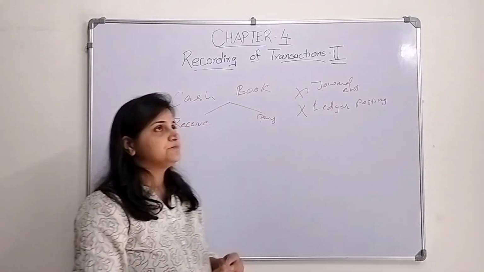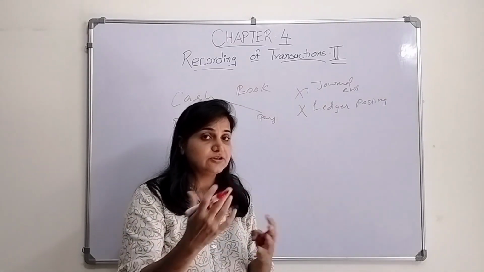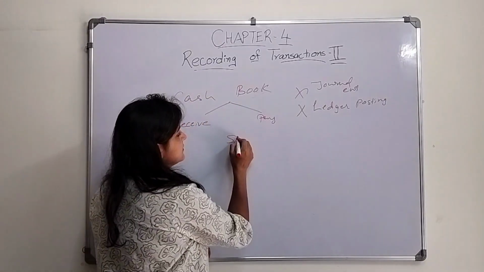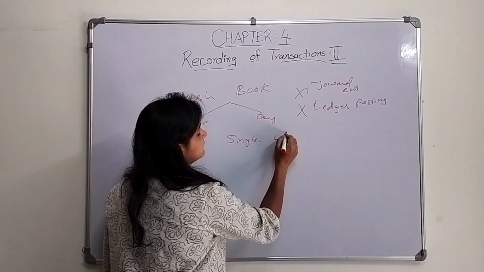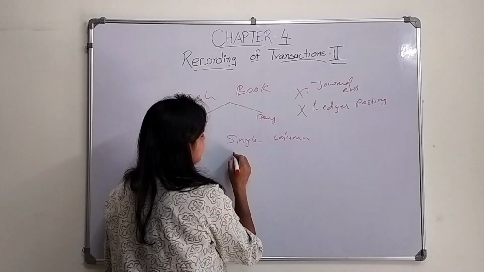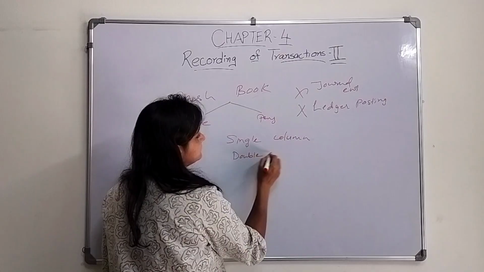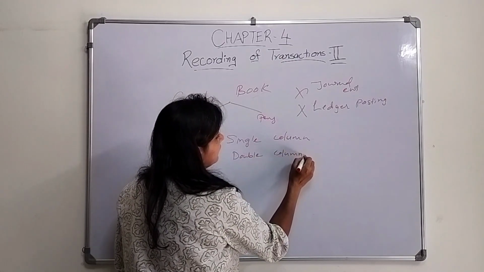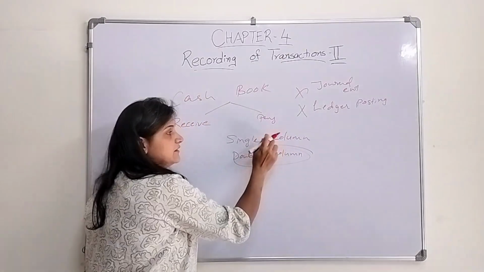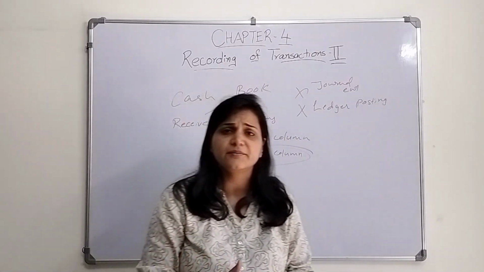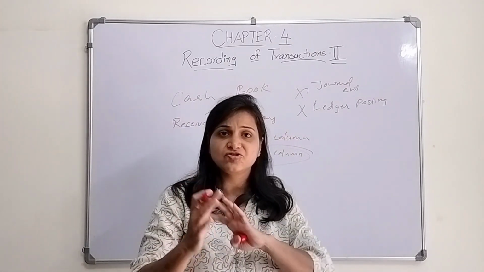Now, cash book has two different types. One is single column and the next is double column. Okay, this we will deal with later. Single column cash book is for only cash transactions.